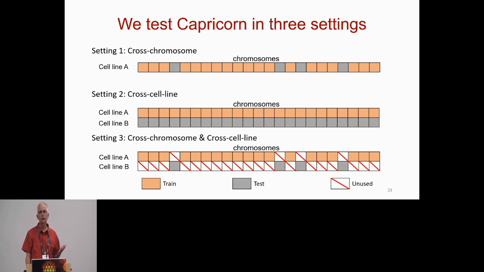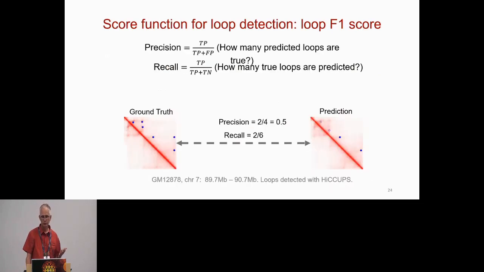In terms of the score function, we have several different ways to evaluate the model, but one of them is to ask how well we recover the loops that we would have gotten if we'd had access to the original high-resolution data. We do that by running a loop caller and then measuring the F1 score.